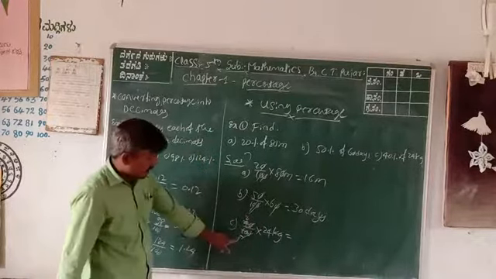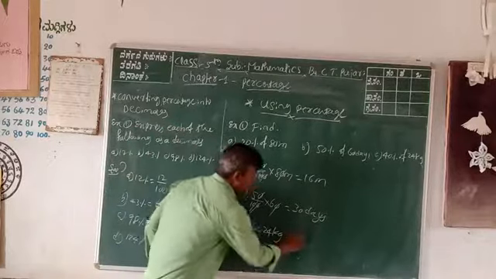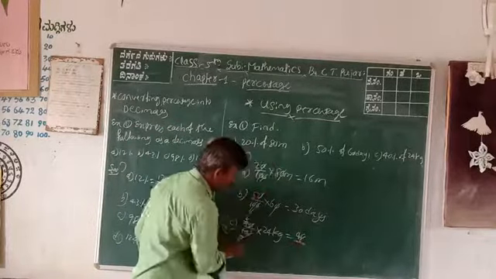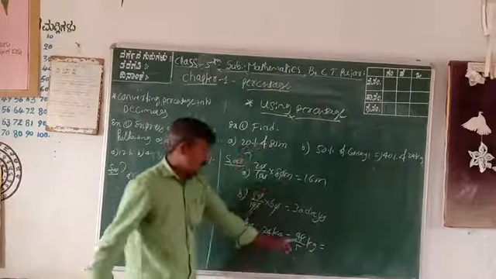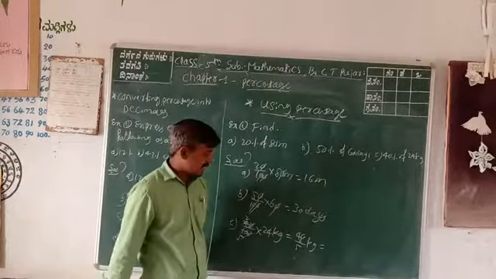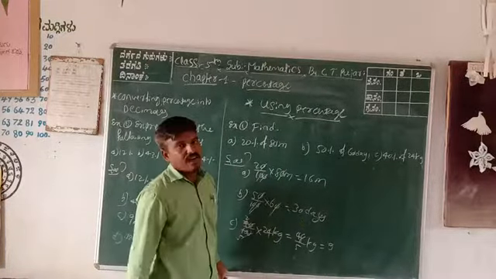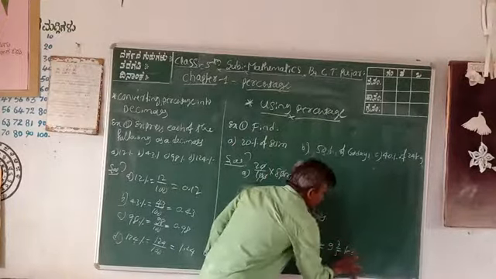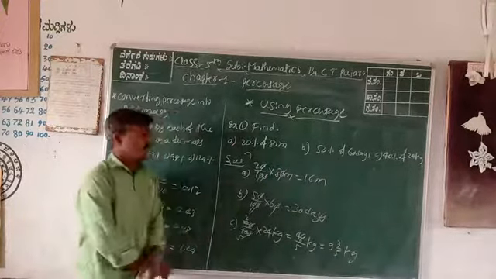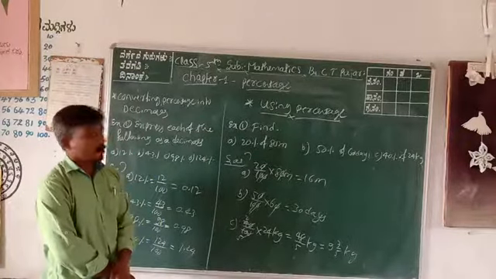The denominator 5 is there, that is impossible to cancel further. Next, 24 2s are 48 by 5 kg. You can convert the improper fraction to a mixed fraction. 5 9s are 45, remaining 3, so 9 integer 3 by 5 kg. That is 40% of 24.